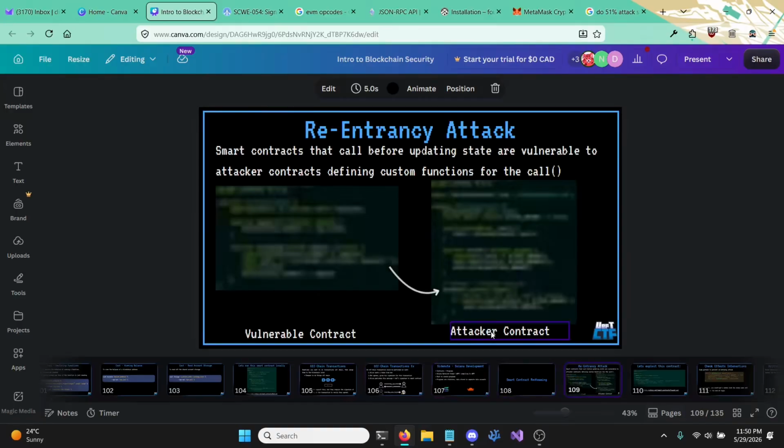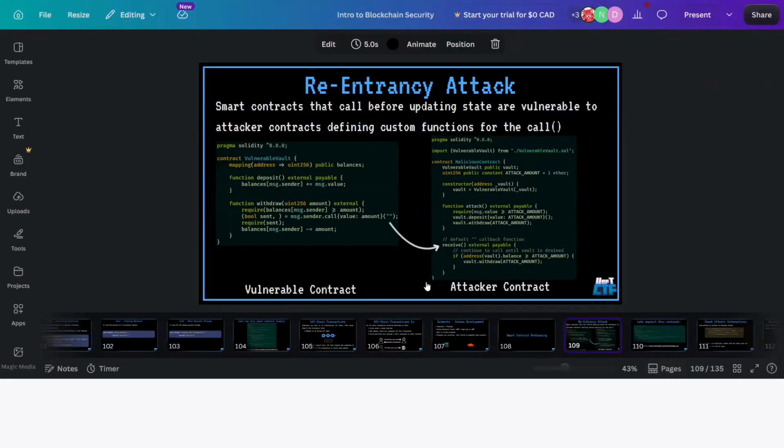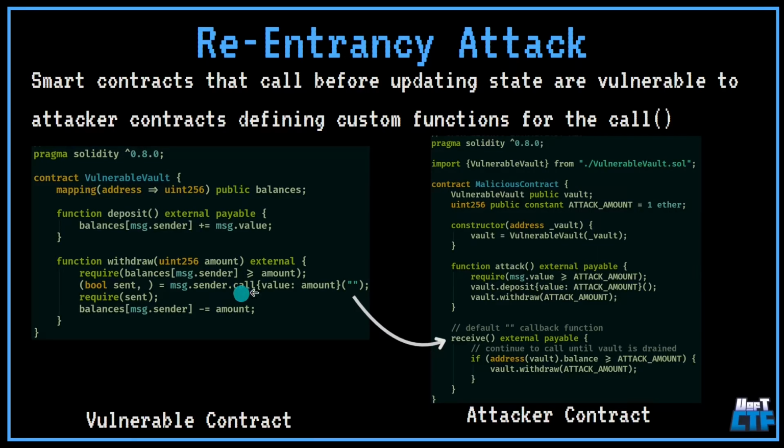Okay, so we'll go over a few attacks because we don't have that much time left. Probably the most important attack is called a reentrancy attack. There's something that happens when you call someone else: remember that you can send some value, but you can also call a function.